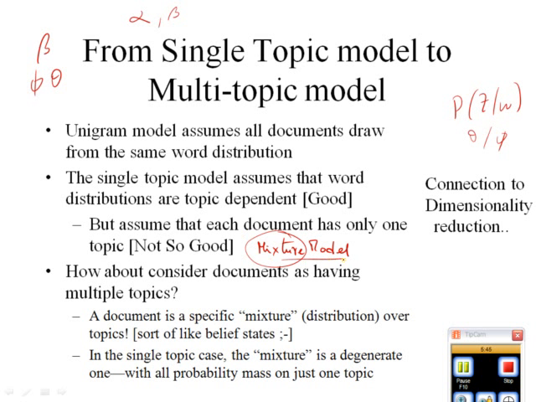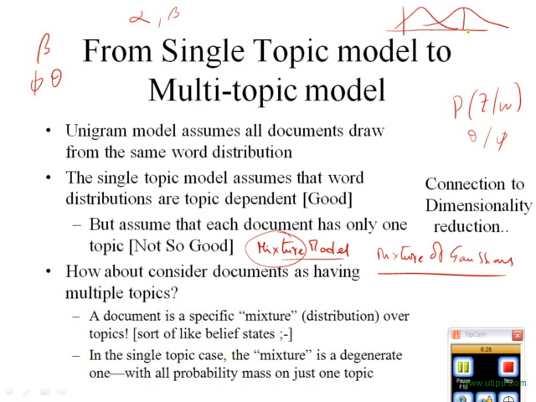The word mixture model is also close to the idea of a mixture of Gaussians, a model that gets used a lot. Suppose you're seeing one particular point, and let's say I have two Gaussians.